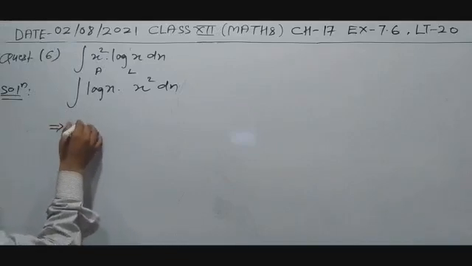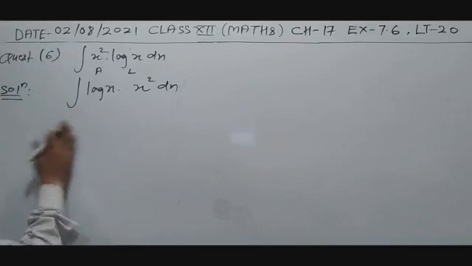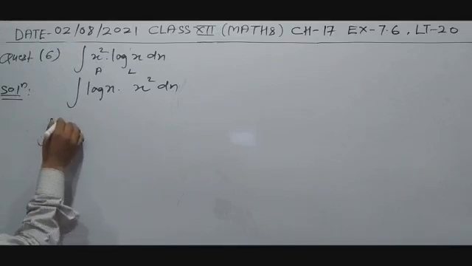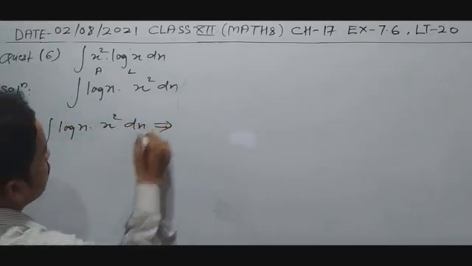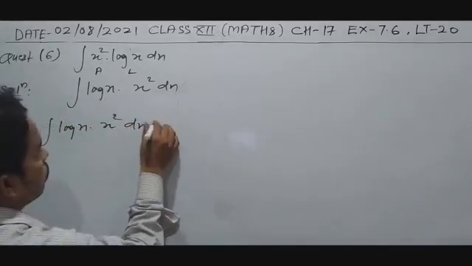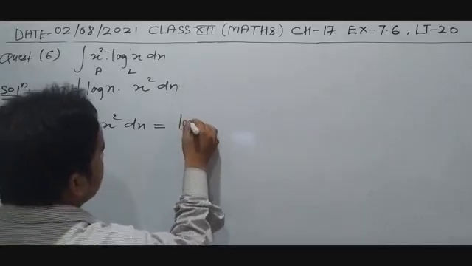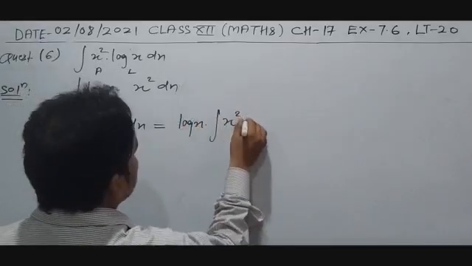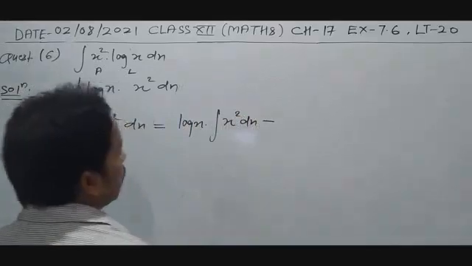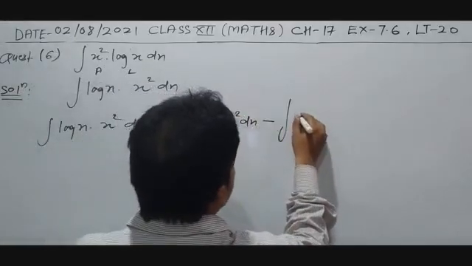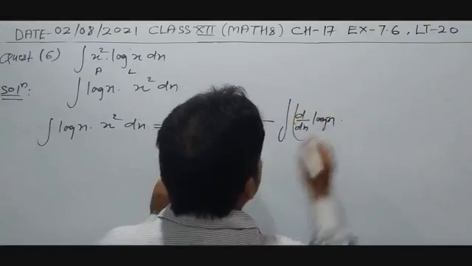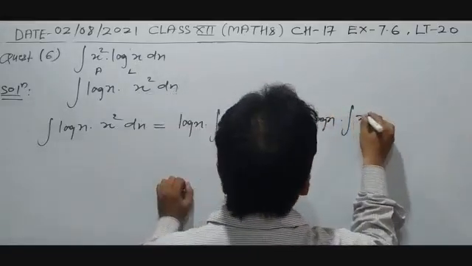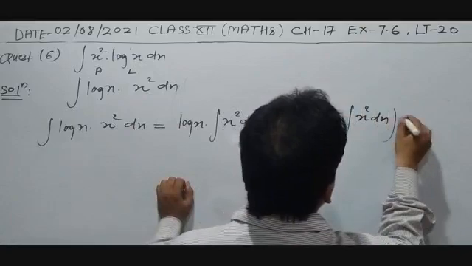This result will be first function, means you can write integration over log of x times x square dx is equal to first function integration of second function minus integration over d by dx of log of x into integral over x square dx whole dx.